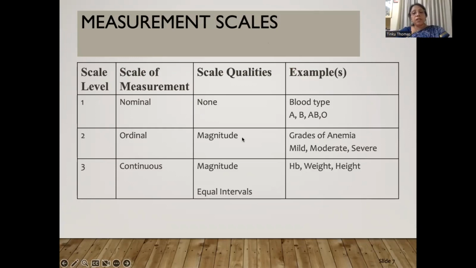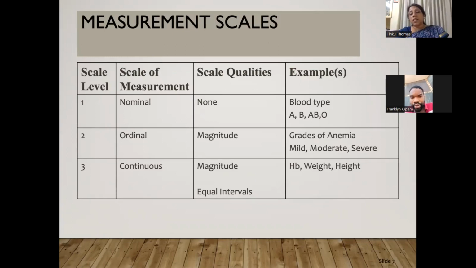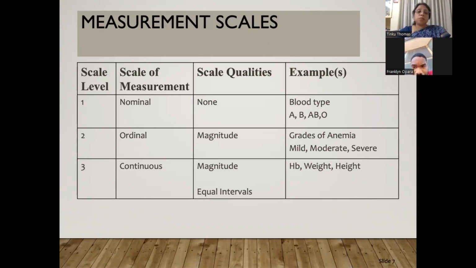For example, grade of anemia. If we are categorizing individuals into different grades of anemia, we could classify them as mild, moderate, and severe. And we know that severe anemia is of a higher grade as opposed to mild anemia. Therefore, the grade of anemia is an ordinal variable, and there are certain different ways in which we can use that ordinal nature of the data.